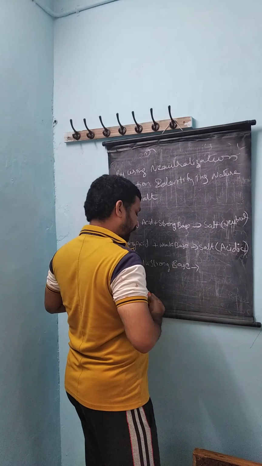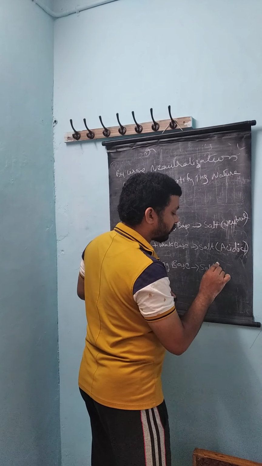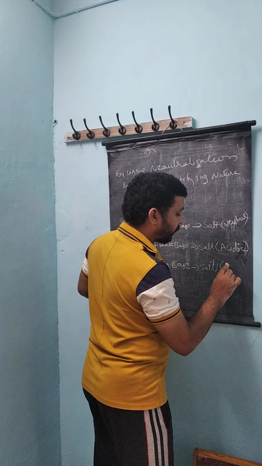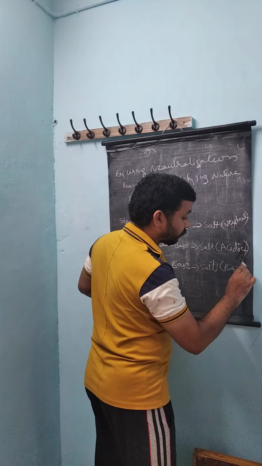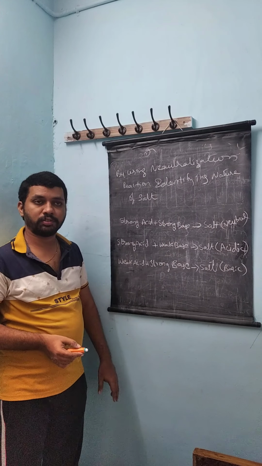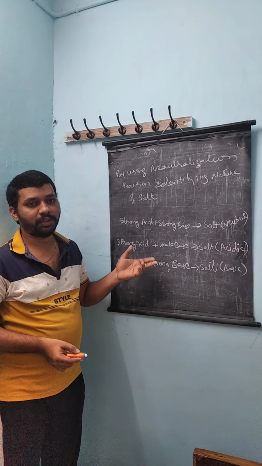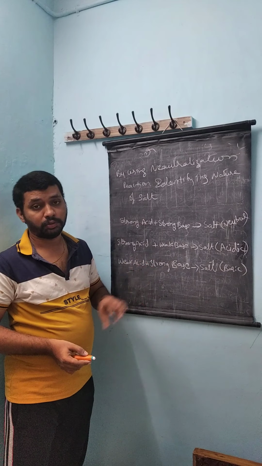And if the acid is weak and the base is strong, then the obtained salt possesses basic nature. Like this, we can identify the nature of the salt also. With this, the topic is completed. In the next class, most probably we'll complete the lesson within 2 classes.